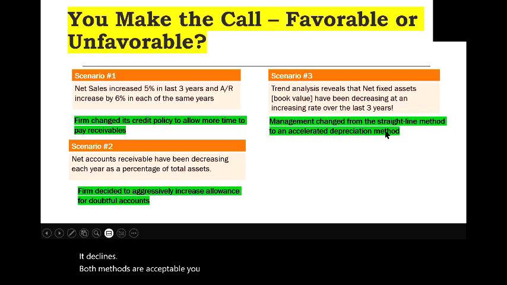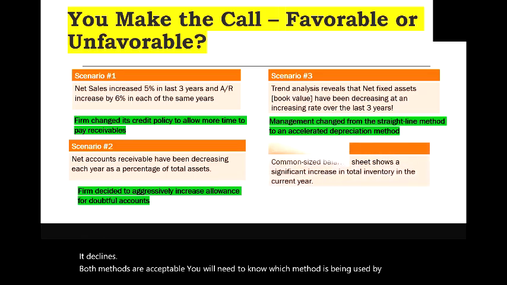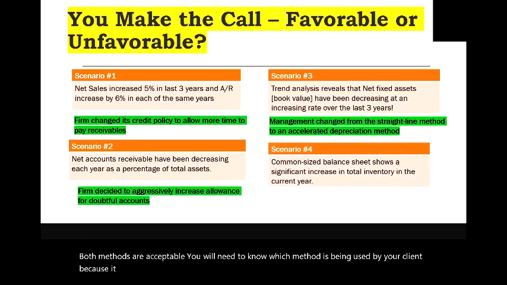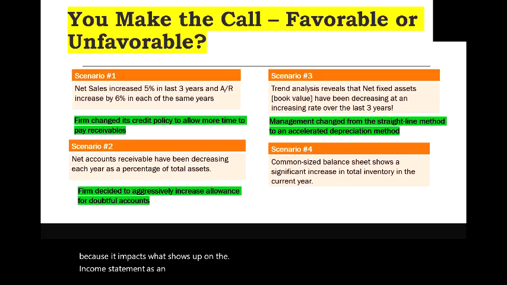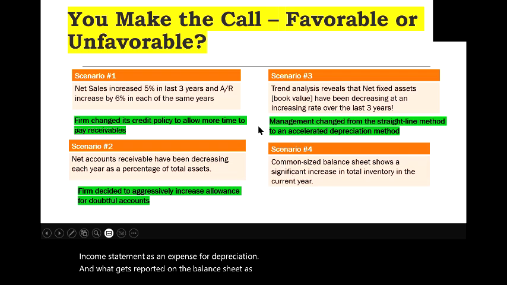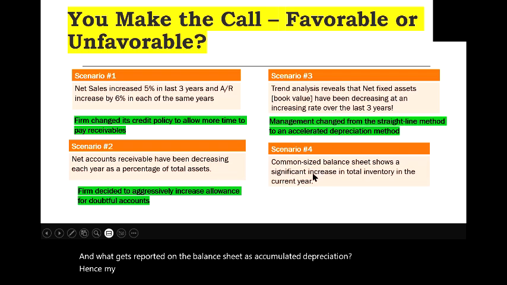You will need to know which method is being used by your client because it impacts what shows up on the income statement as an expense for depreciation and what gets reported on the balance sheet as accumulated depreciation. Hence my statement earlier that you do want to analyze the balance sheet in light of what you have gleaned from the income statement.